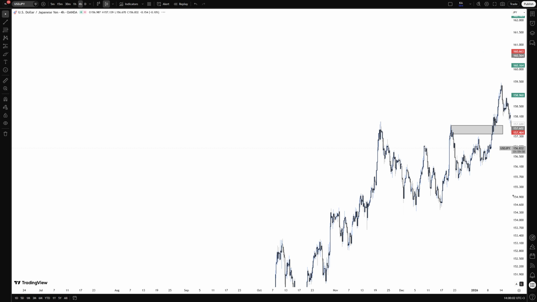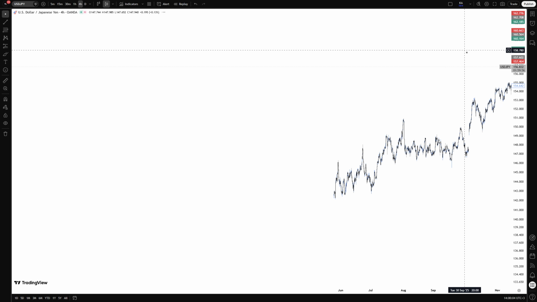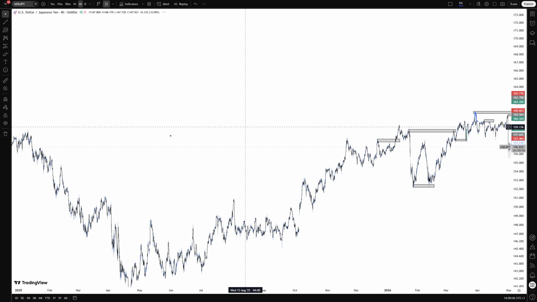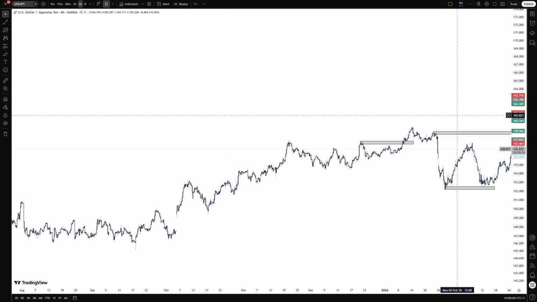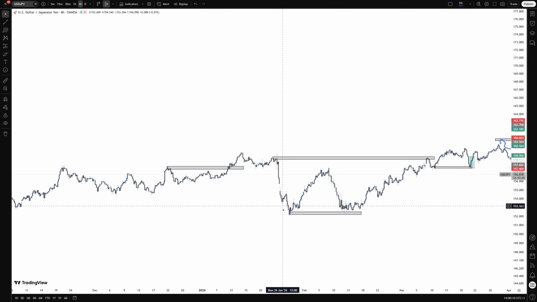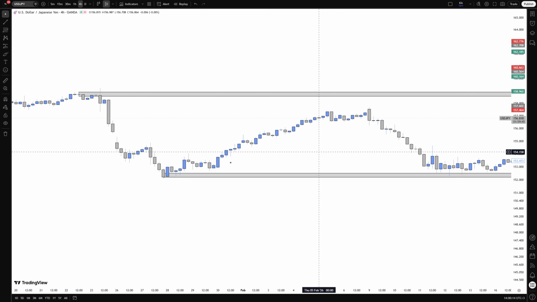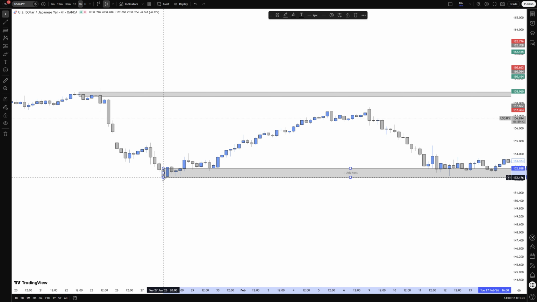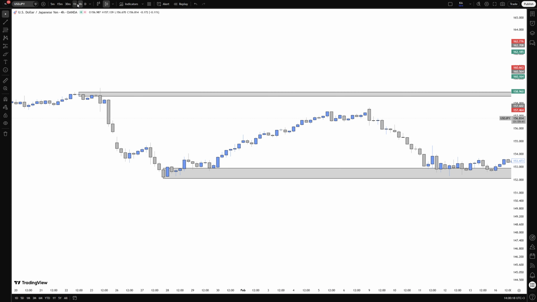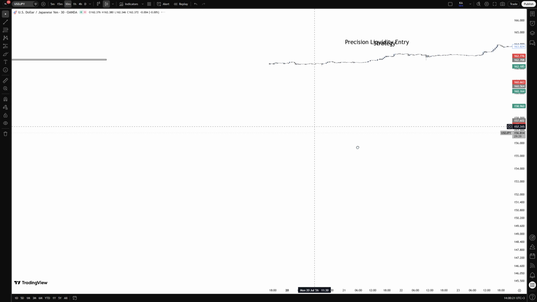Example, do we have anything? Yeah, this one right here is an example. Boom. So this is the trade. This is the candle in the 4 hour. We hop onto the 1 hour chart real quick.